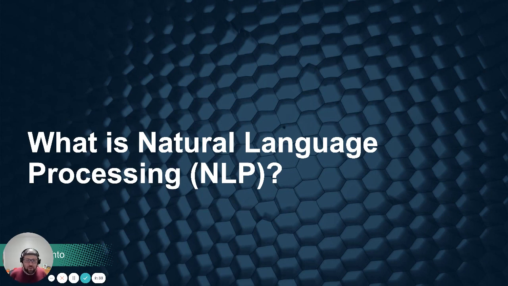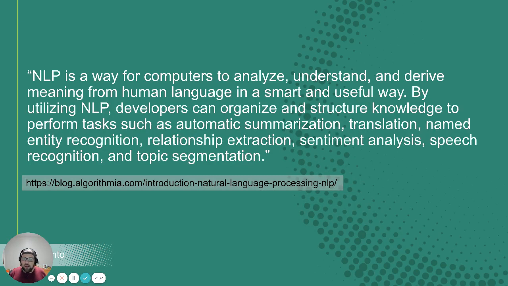Okay, so what is natural language processing, or NLP? The definition can get a little bit more complex, but I think this is a simple enough one that dots all the i's and crosses all the t's. NLP is a way for computers to analyze, understand, and derive meaning from human language in a smart and useful way.